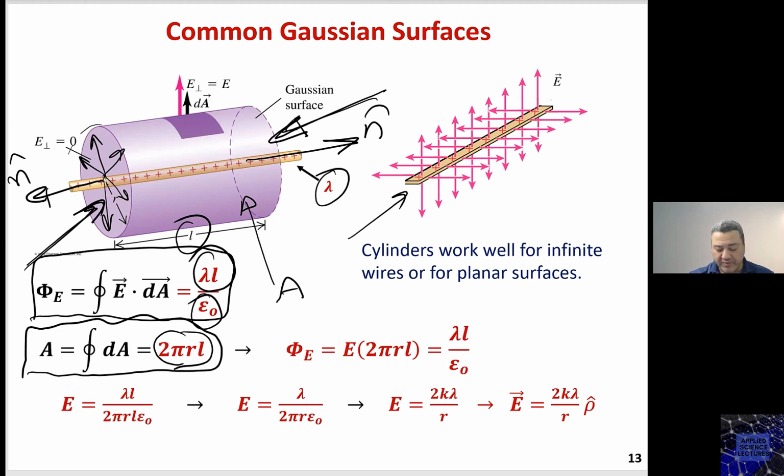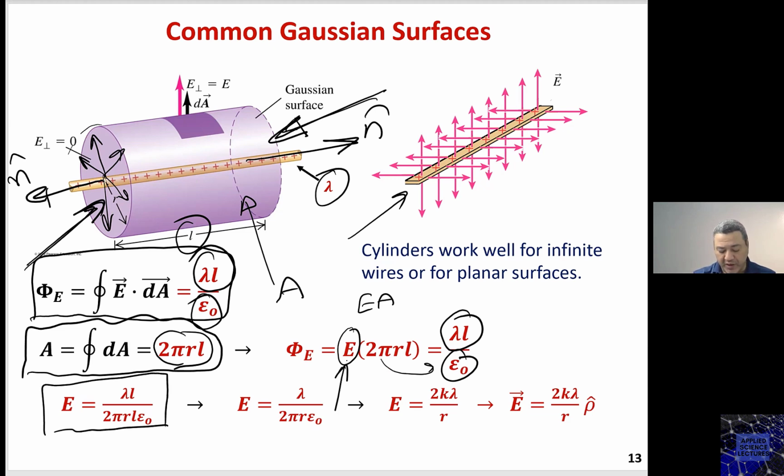So this is the area. Now, again, remember the E went outside, so EA would be E times 2 pi r L equals lambda L over epsilon naught. Now, if you want to calculate the electric field, you divide by the area, and you end up with E equals lambda L over 2 pi r L epsilon naught, and then L cancels.